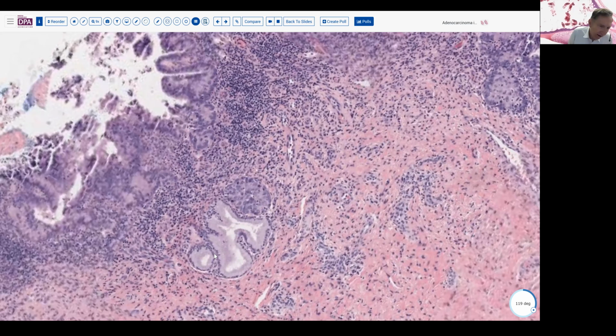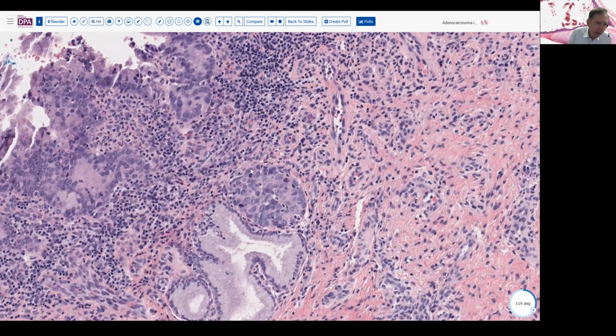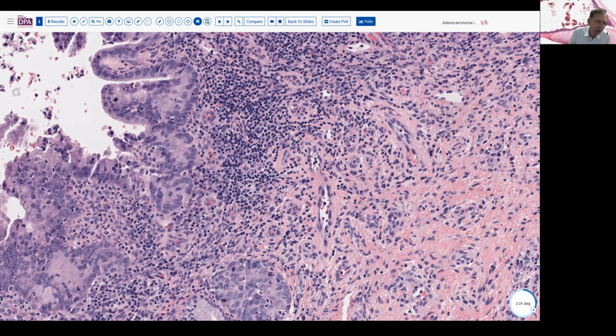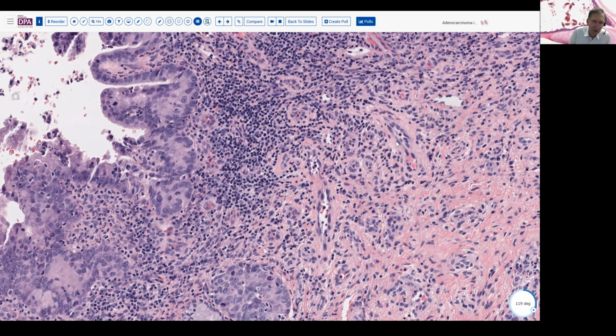Here we have a benign gland, and right next to it, in an abnormal configuration, is this malignant gland. I don't think this is a pattern that you could see with either partial replacement of the gland or involvement of benign glands. So I think this probably represents very superficial early invasion in this lesion.